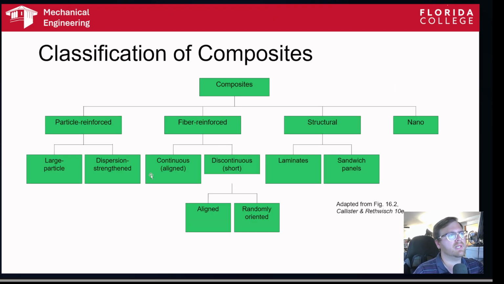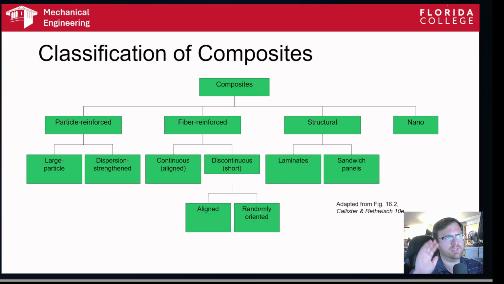So we have continuous and aligned composites, or fiber reinforced composites. We can also have discontinuous or short fiber reinforced composites. And these discontinuous or short fibers, little whiskers, can either be all aligned in the same direction, or they can be randomly oriented. Chopped is what we call this a lot in layman's terms.